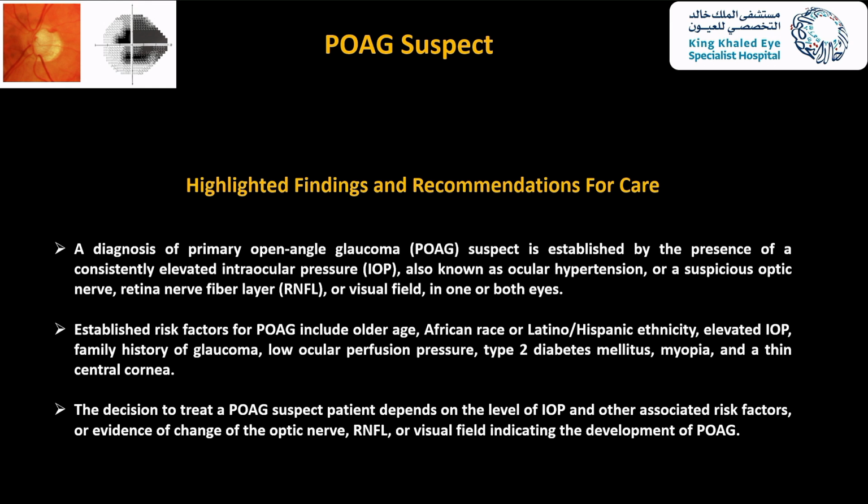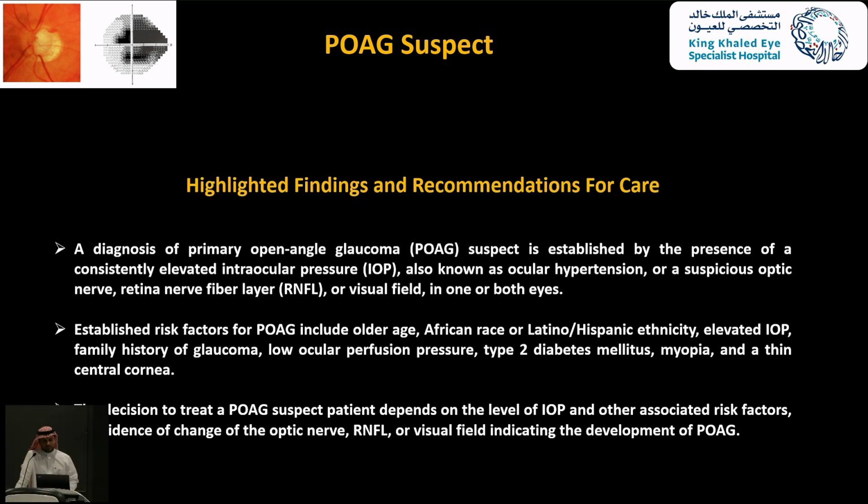The established risk factors are old age, African or Latino race, elevated intraocular pressure, family history of glaucoma, low ocular perfusion pressure, type 2 diabetes, myopic patient, and thin central cornea. This is collected from all the studies, not only these two studies.